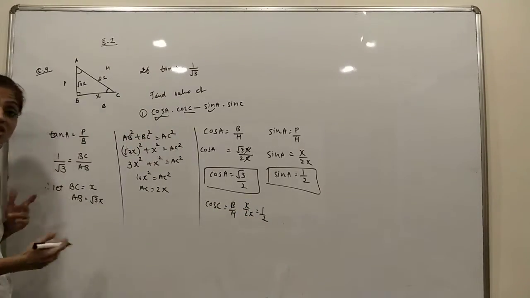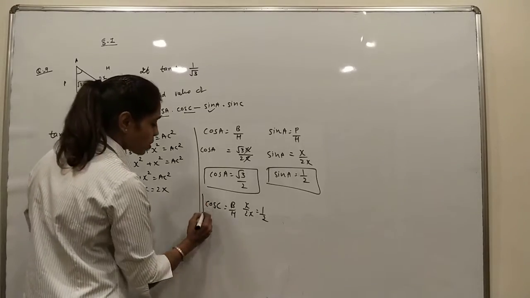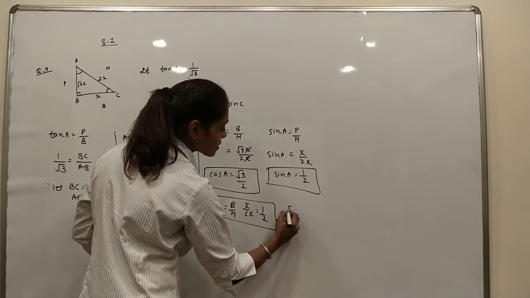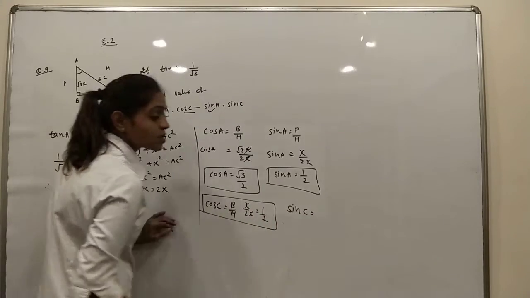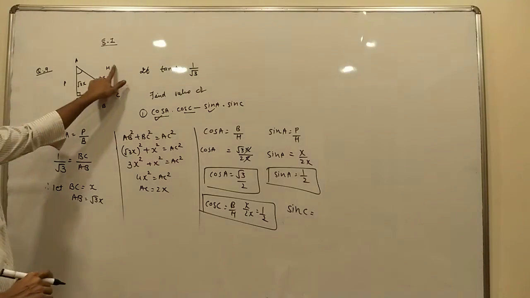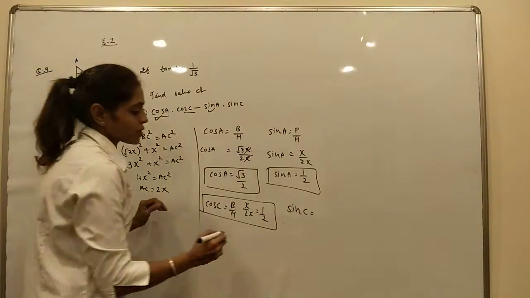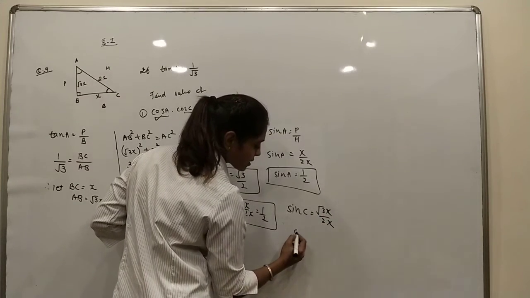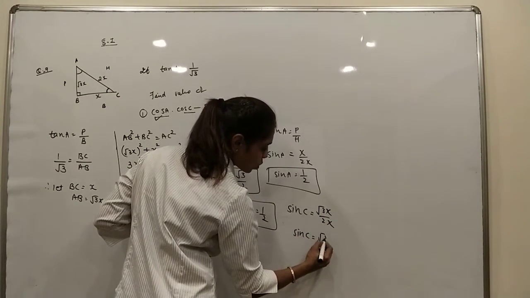Change according to C. So cos C is 1 by 2. And sin C is P by H, which is root 3x upon 2x. X cancels. So sin C is root 3 by 2.